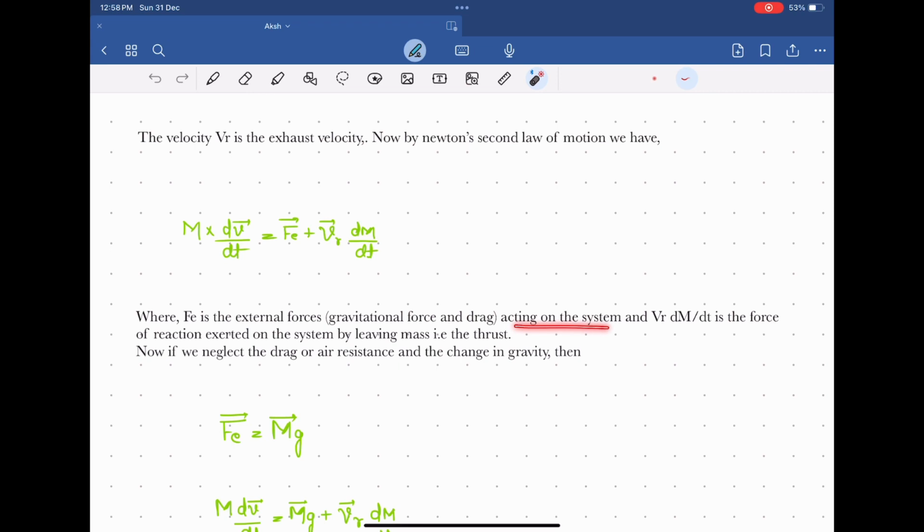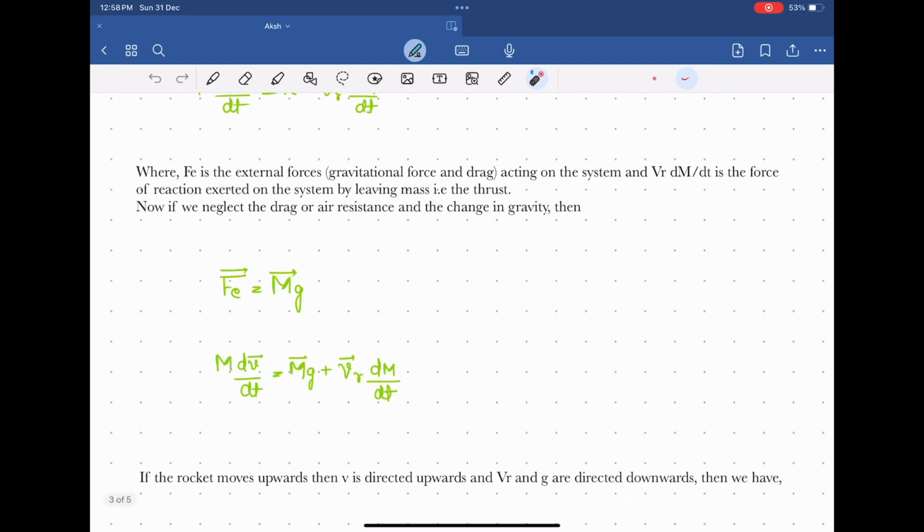And vr dm/dt is the force of reaction exerted on the system by the leaving mass, that is the thrust force. Now if we neglect the drag or air resistance and the change in gravity, then we can say that Fe equals mg.